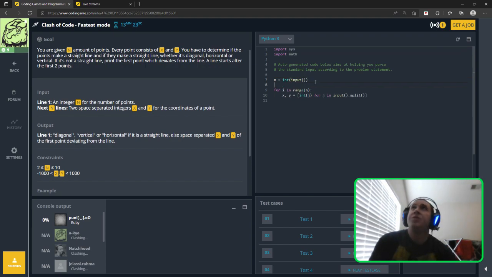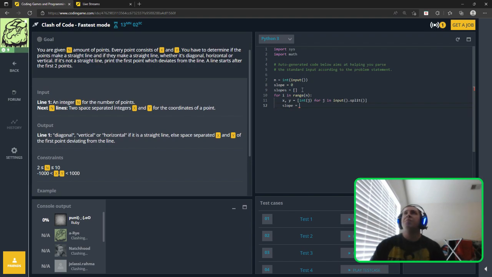So we're going to do a slope. Slopes equals the list, why not? And then slope equals... Oh, wait a minute. No, we can't do that. We need to do points.